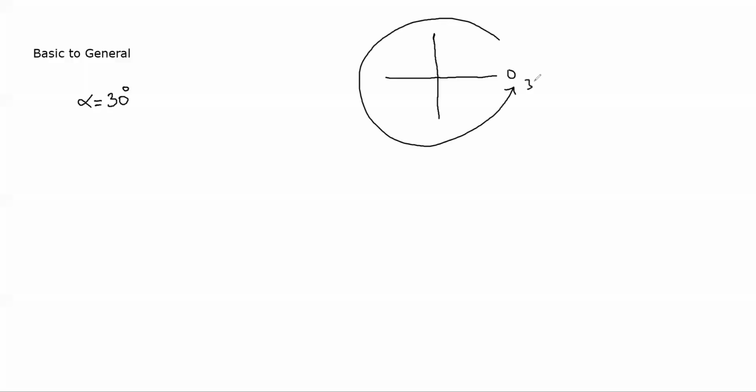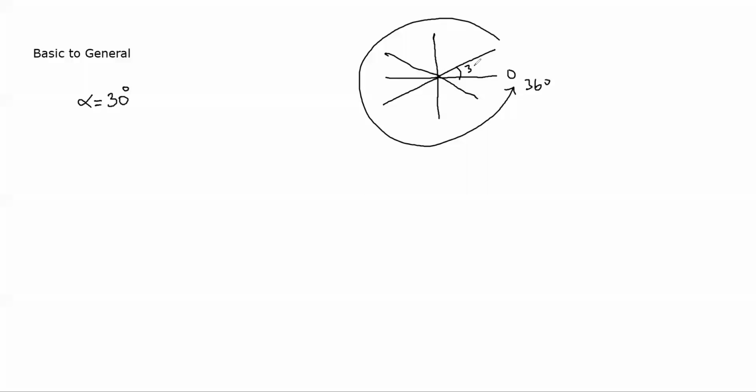Because this 30 degrees, if we talk about it in the first revolution, like if you go from 0 to 360 degrees, can be here, here, here, and here, okay?